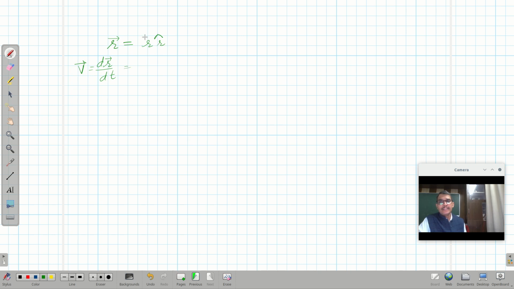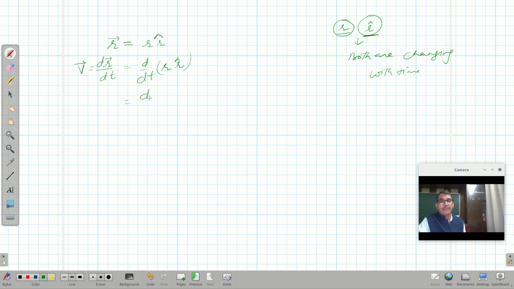This r vector contains two things: one is the magnitude and another is the unit vector, and both are changing with time. So I can take its derivative of r into r cap. This is the first function, this is the second function, and both are changing with time.